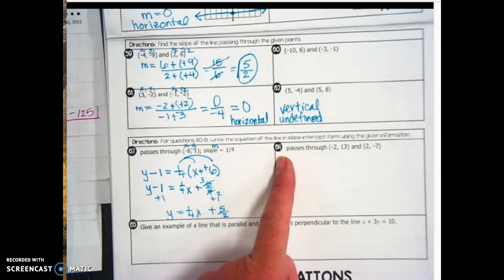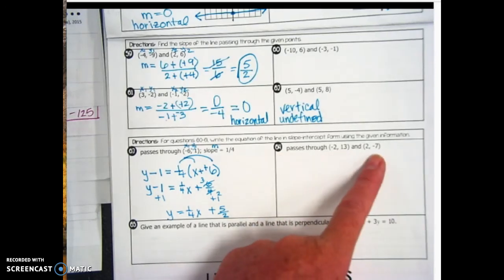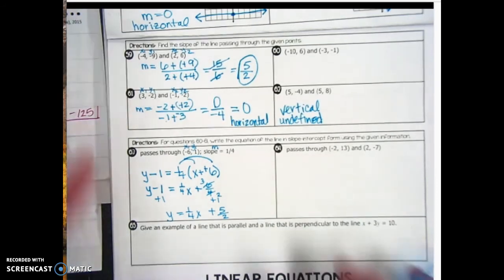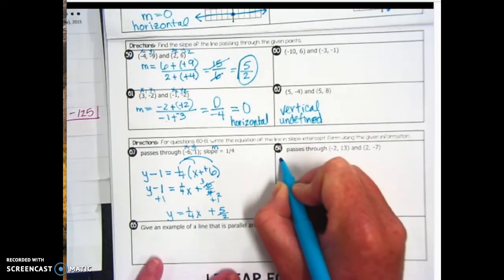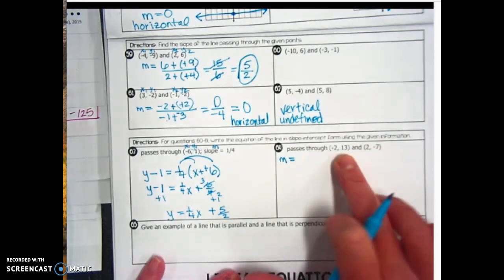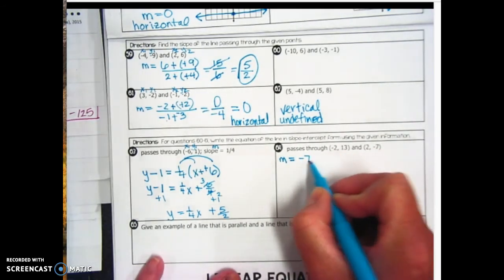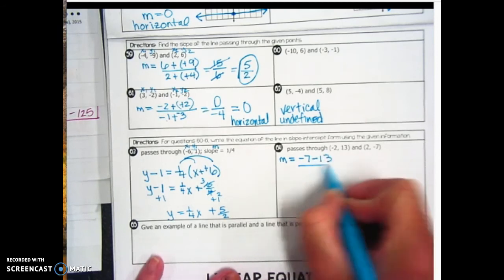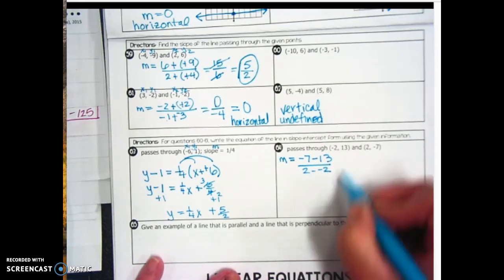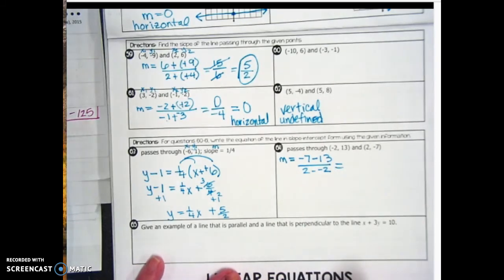But in box number 64, you've got 2 points and no slope, but you know how to get the slope with the slope formula. So we're going to do that first. We're going to say that m is equal to the y2 minus the y1. So -7 minus 13 over the 2 minus -2. And we're going to simplify.